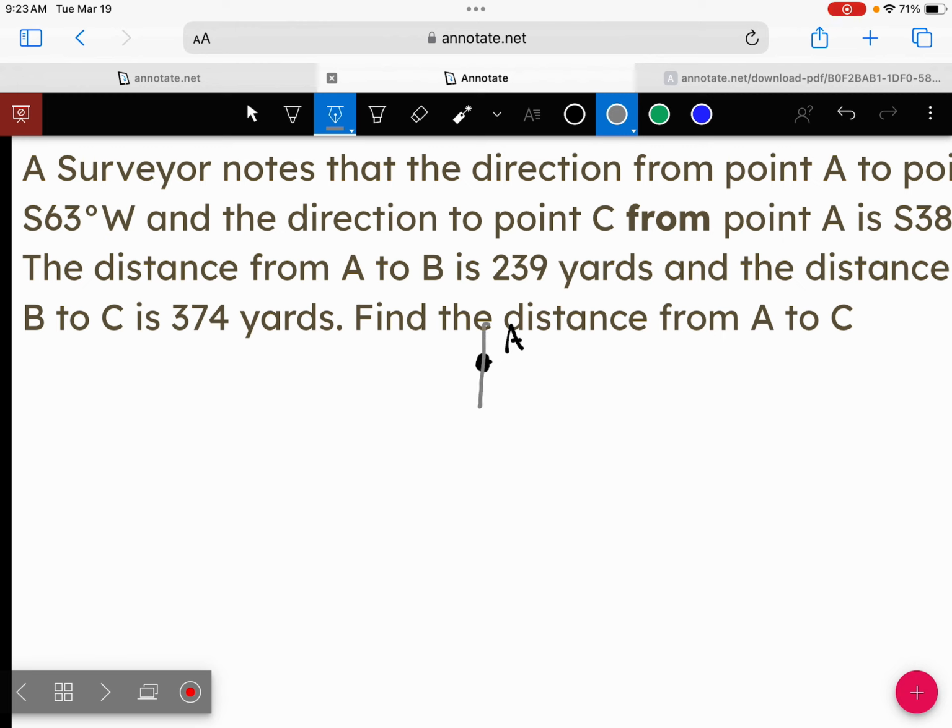So both of these directions are pointing from point A, and they're both headed south. So we know A is kind of top-ish, so I'm going to put A near the top. All right, so we're finding our directions here. We're using our little coordinate points. From A to B is south 63 west, so we're going to go 63 degrees to the west. And that takes us to point B. That's 63 degrees there.